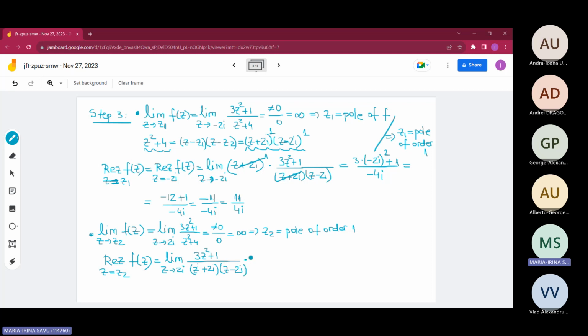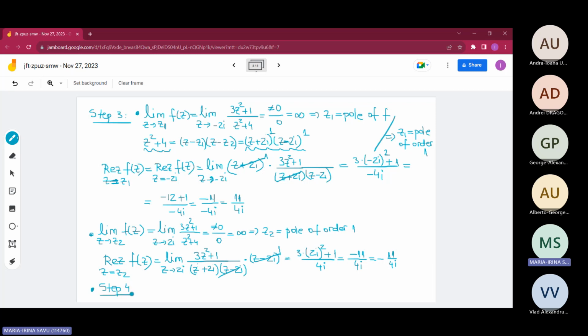So we get 3 times 2i squared plus 1 over 4i. And this will be minus 4. Minus 4 times 3 plus 1 will be again minus 11, but here we have 4i, okay? So exactly, the difference is a minus. Okay, this was step 3, very, very easy.